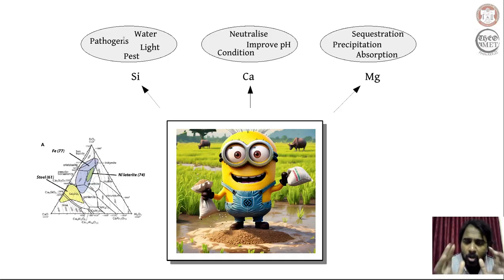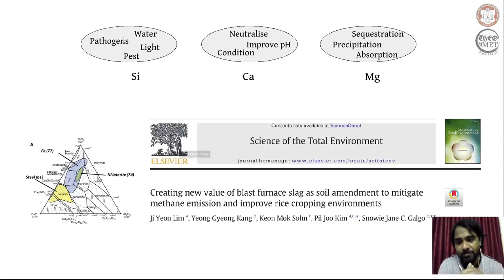It is not only in theory that we can consider this, but it has been practiced on a larger scale. This work reports a long-term experiment of 28 years, wherein two pieces of land are compared: one using blast furnace slag as a fertilizer, and the other not using it.